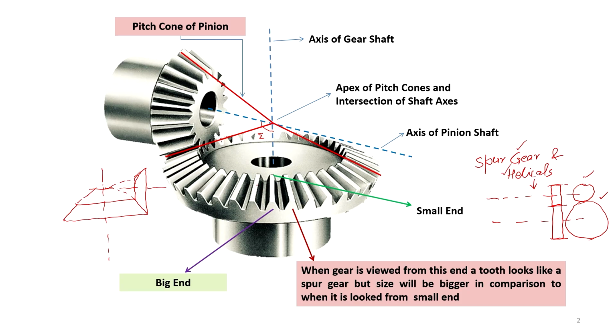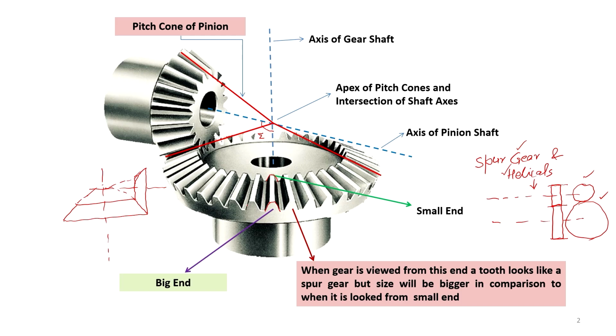Now, when you see the bevel gear, the gear tooth is not uniform throughout the width. When you see it from this end, the size of the gear tooth looks bigger, whereas from this side it is smaller.